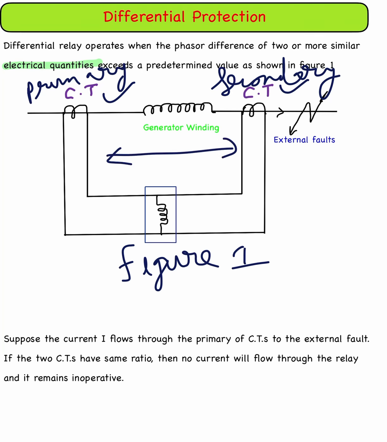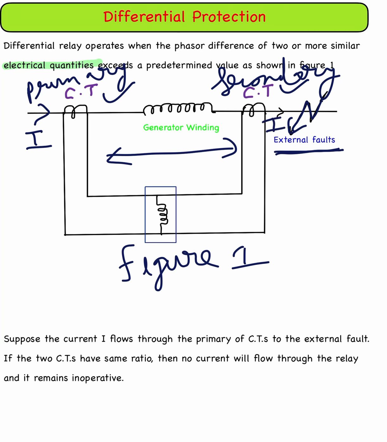If the fault lies outside this zone, so here the fault lies outside this zone, that is called an external fault. Okay, so suppose the current I flows from the primary of the CTs to the external fault.